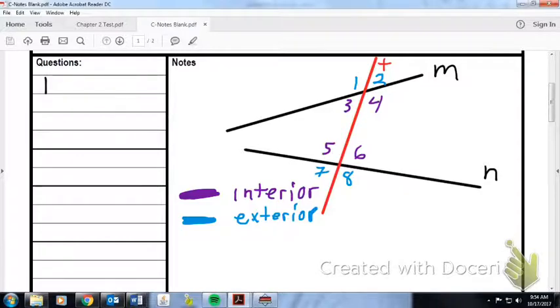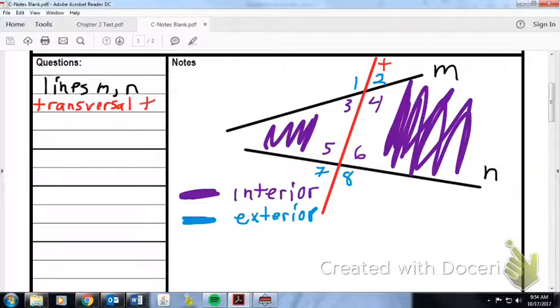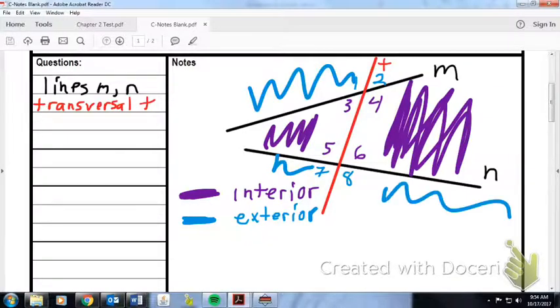Okay, so what I want you guys to do now is, we have lines M and N, transversal T. So that's the interior in between the 2 lines, and that's the exterior. I want you to write down all the interior angles.